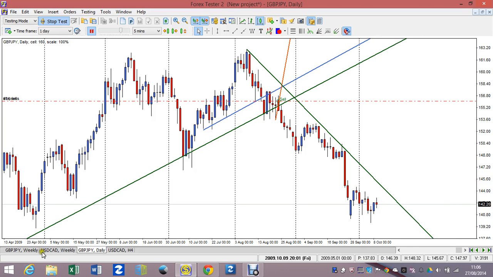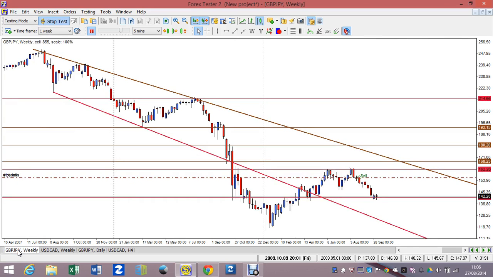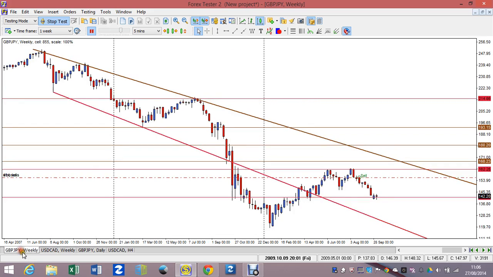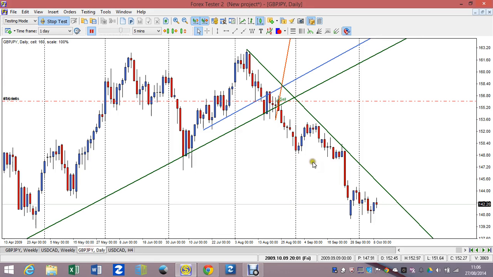Okay, I think it's time to start looking at protecting what I've got on the pound yen, so this is a daily trend line here.